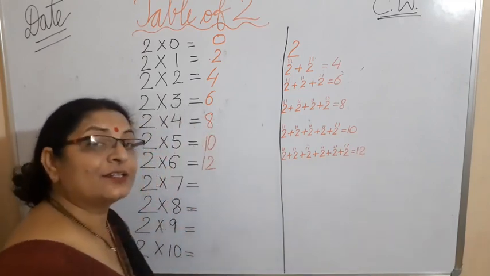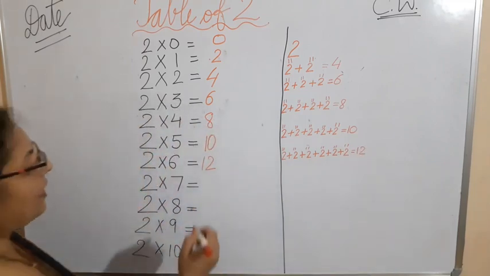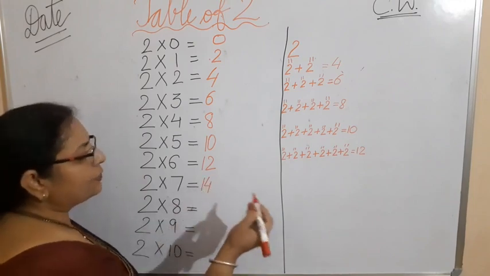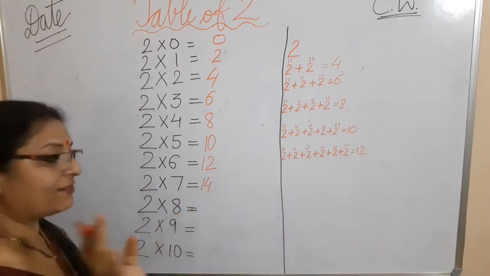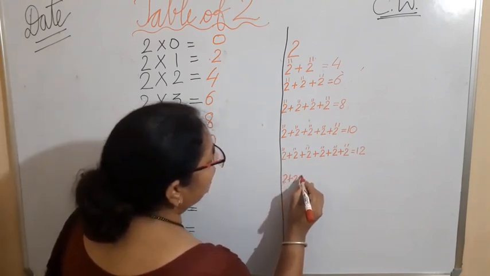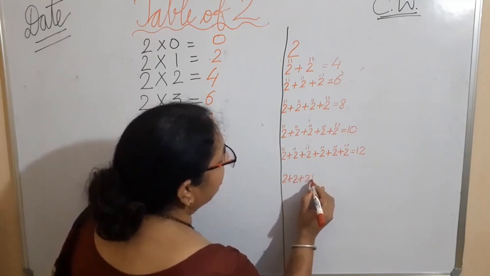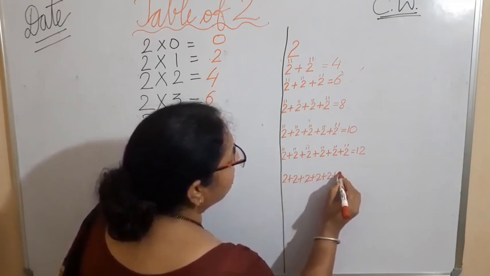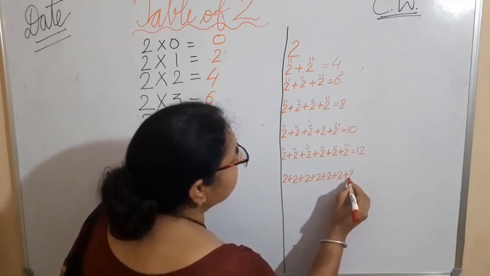2 6s are 12 and 2 7s are 14. As you know, we have to add the 2 seven times: 1 time, 2, 3, 4, 5, 6, 7.